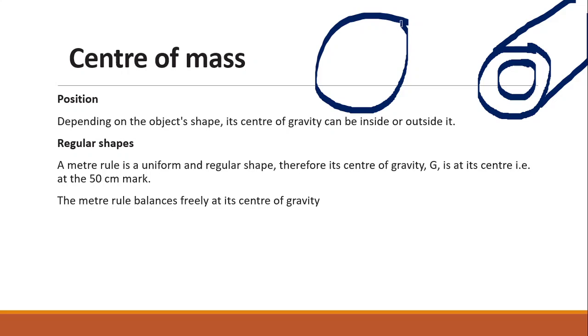This is a sphere. It's very easy to think that right at the middle of this ball, the weight will be acting. However, for this cylinder, the center of mass acts over here inside the ring, which is not on the body, which is actually outside it.